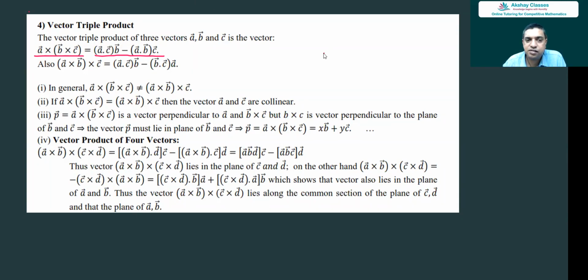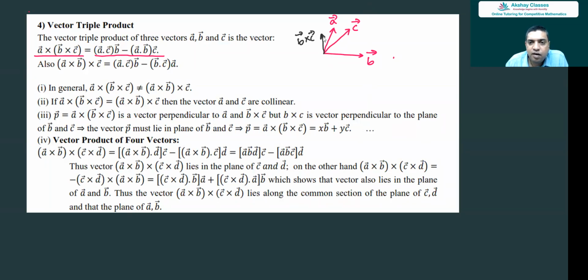Just an illustration. This is B. This is C. Now, let's say this is vector A. Now, a vector which is perpendicular to both: this is B cross C, let's say the direction of B cross C, which is perpendicular to the plane of B and C. Now, A cross (B cross C) is a cross product of these two vectors, A and B cross C. The cross product of two vectors will be perpendicular to both the vectors.